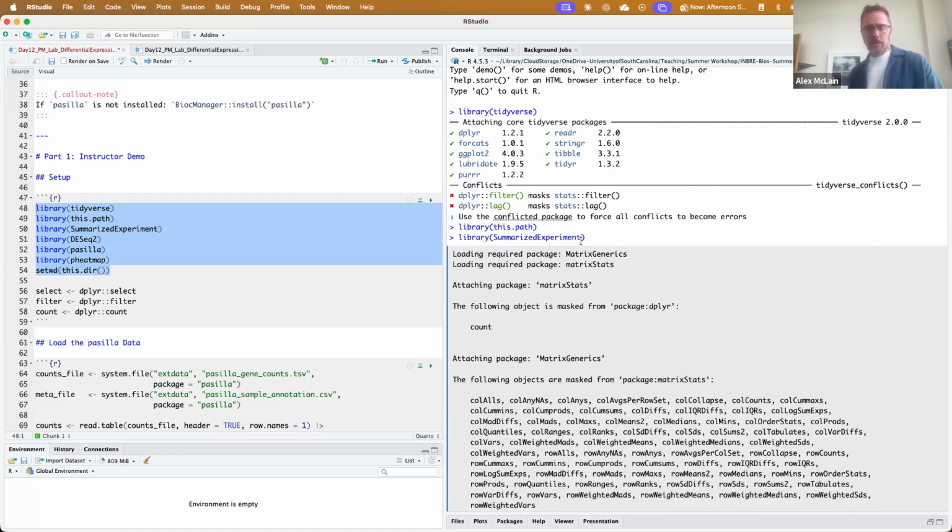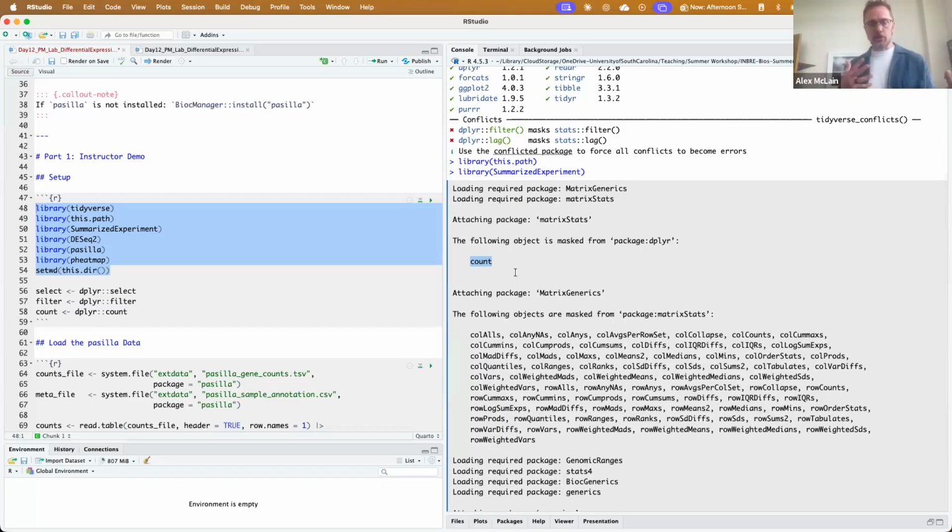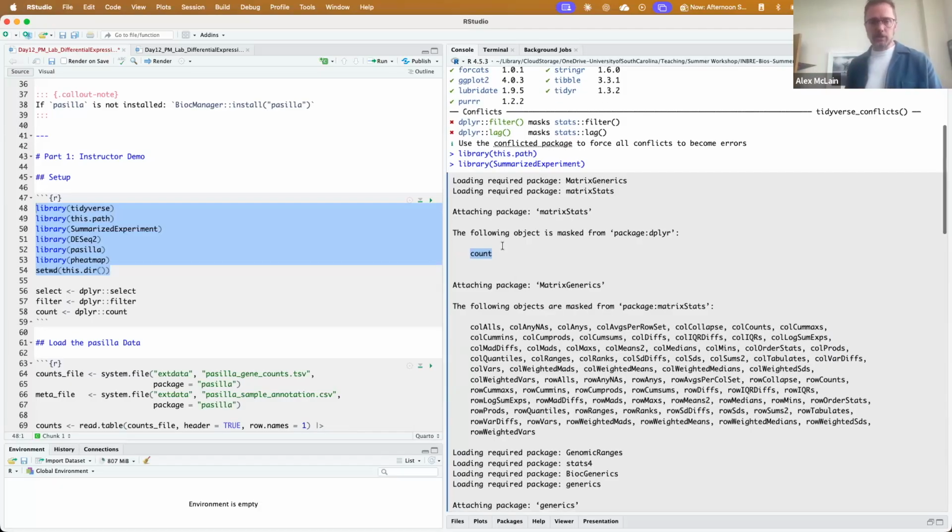SummarizedExperiment is going to mask a number of functions from the dplyr package. First off, count. Count is something that you may want to use in your analysis, for example, when you're counting how many are over or under expressed among the significant genes.